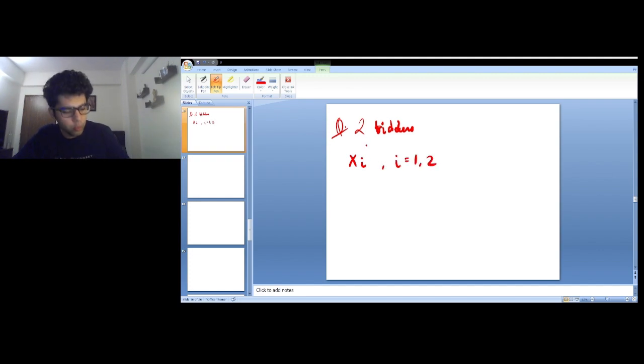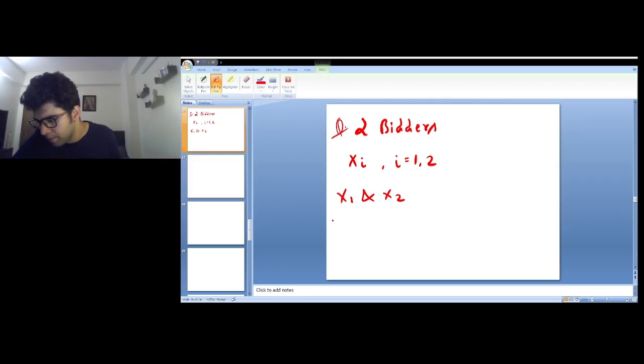Let me erase this and write this clearly. So there are two bidders, x1 and x2, and they're bidding for a single object in an auction.